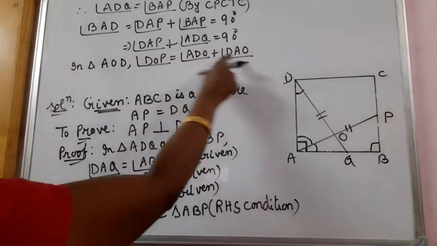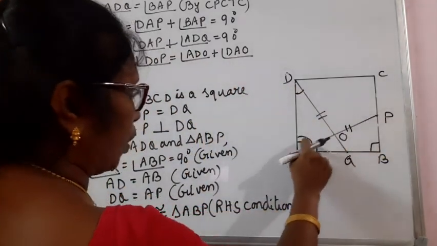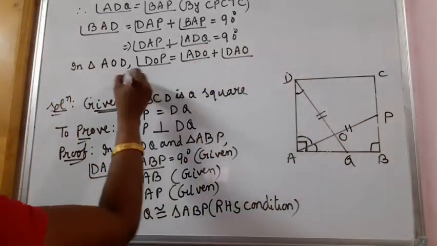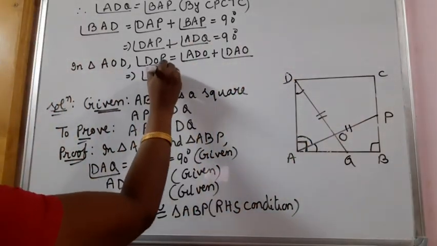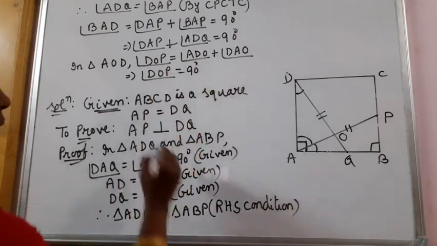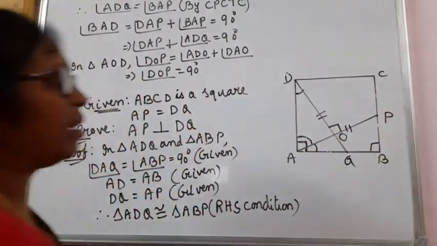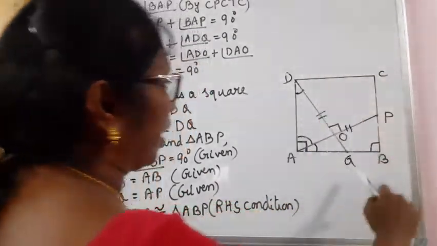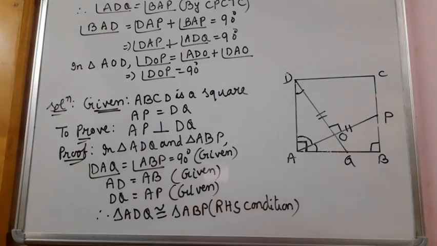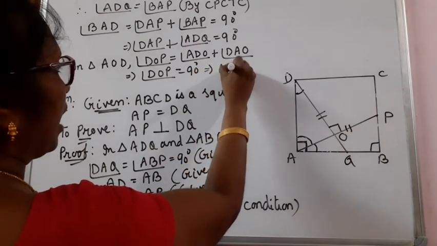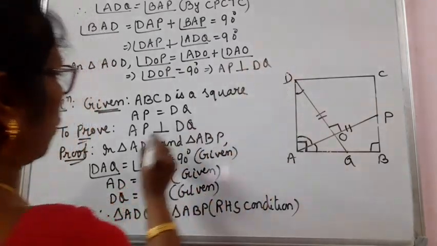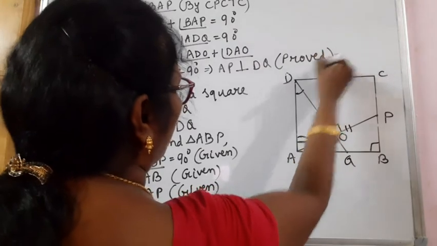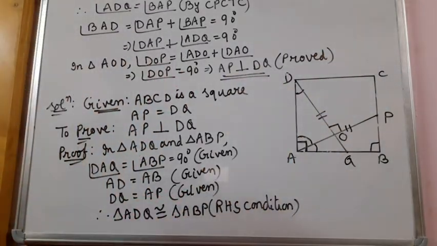But angle DAP plus angle ADQ equals 90 degree. That implies angle DOP is 90 degree. This is 90 degree means AP is perpendicular to DQ. That is what we have to prove, and what we have to prove is proved.